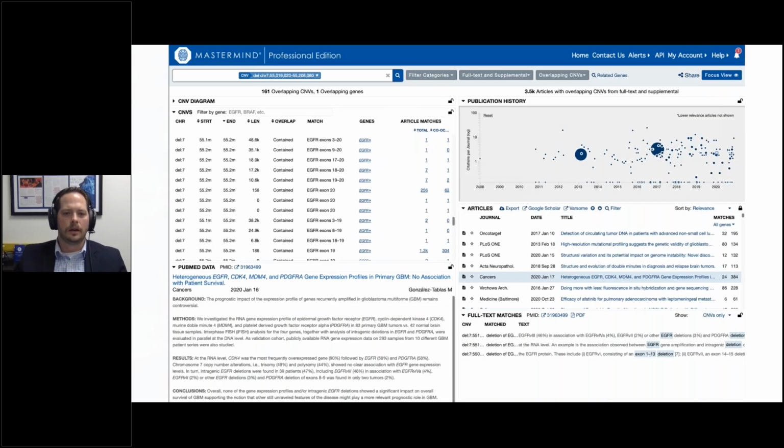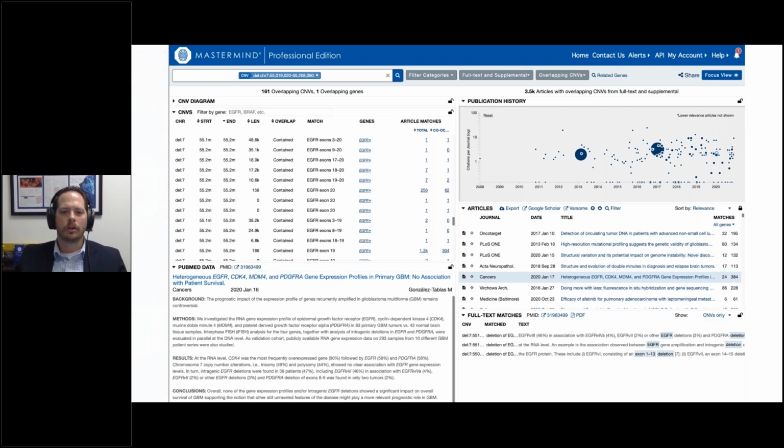And just as I had suggested before for Mastermind's intelligent ability to deal with the ambiguities and irregularities of genetic and genomic nomenclature, that is particularly true of copy number variants, where there's less widely used, less robust codification of an appropriate nomenclature that's agreed upon for describing copy number variants.